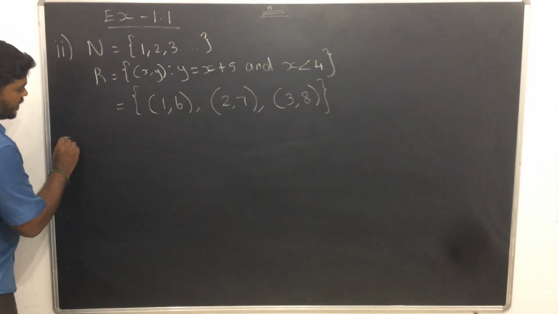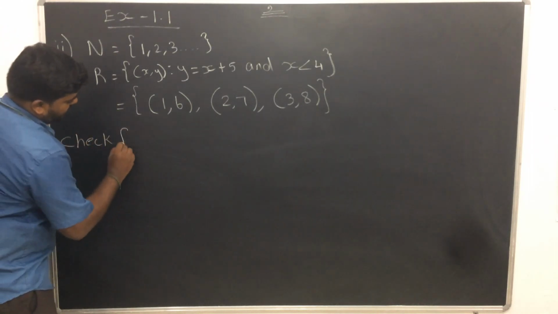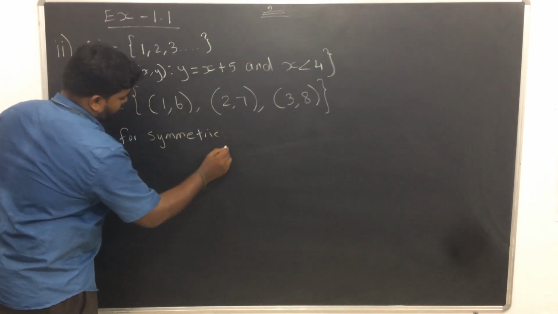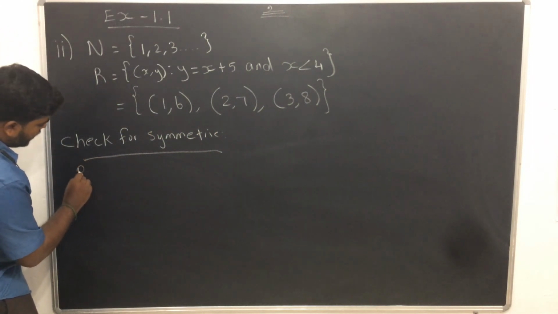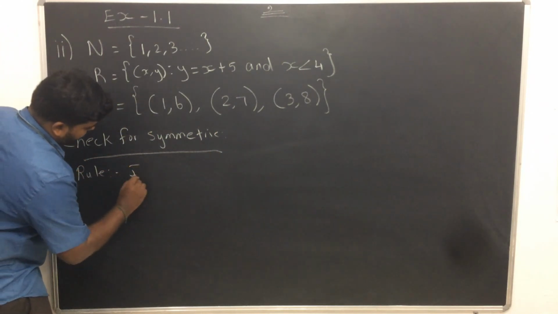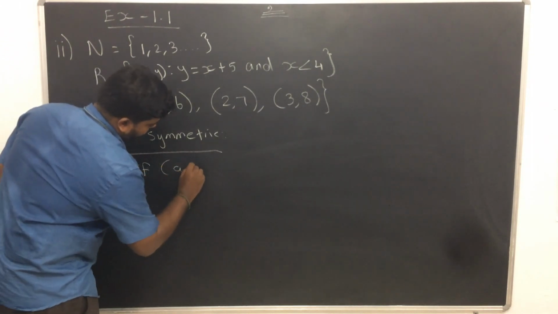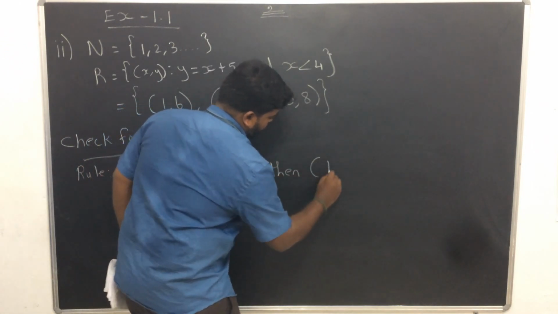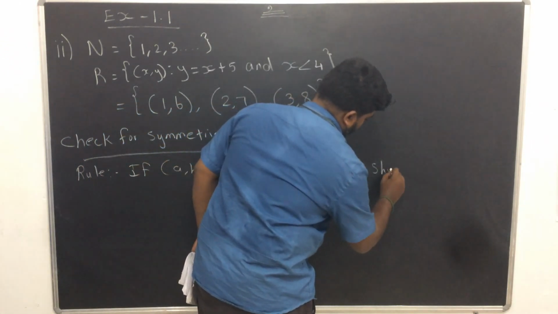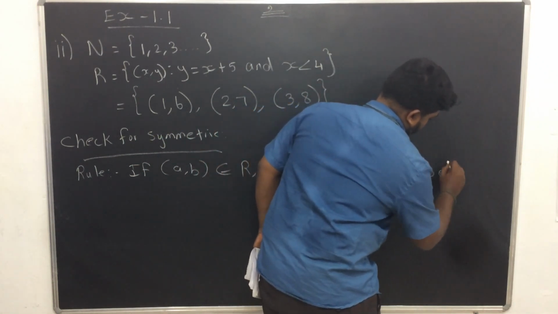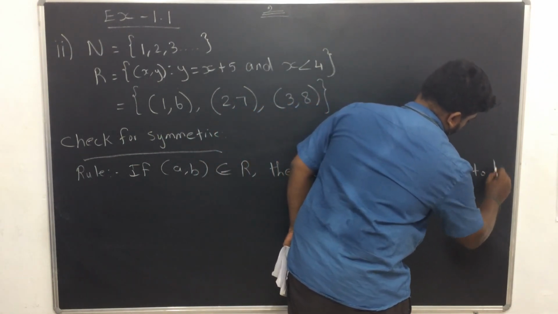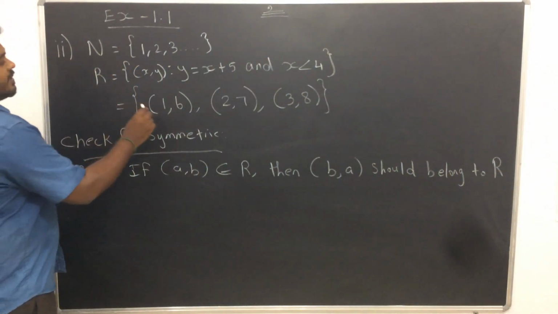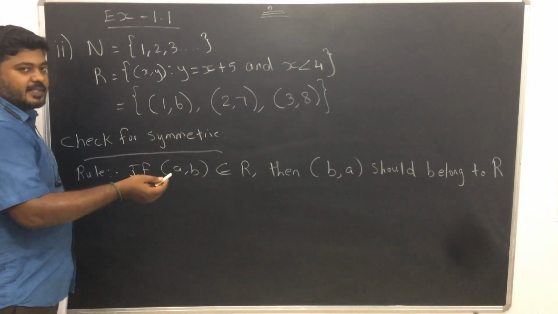Now let's check for symmetric. For a relation to be symmetric, what is the rule? The rule is, if (a, b) belongs to R, then (b, a) should belong to R. So this is the rule for a relation to be symmetric. So let's take the first ordered pair. For (1, 6), do we have (6, 1) in the relation?